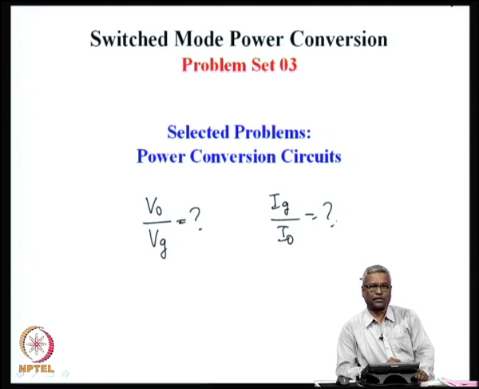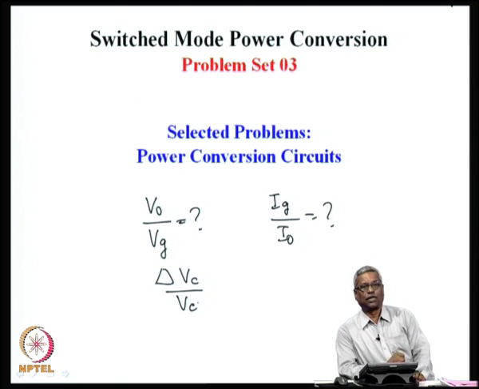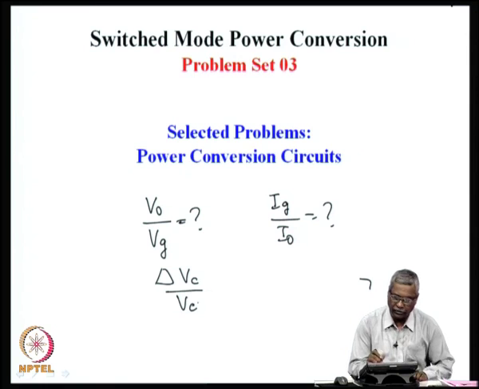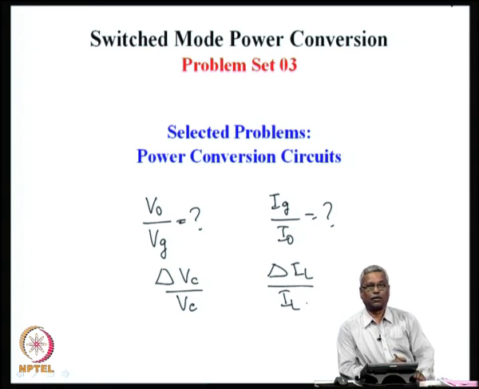And we also saw that under steady state, these converters were not converting the voltage perfectly to DC, but there was some ripple voltage, an AC ripple present on the capacitor voltages, and similarly AC ripple present on the inductor currents. And this ripple calculation is also one of the important performance indices of the power converters.